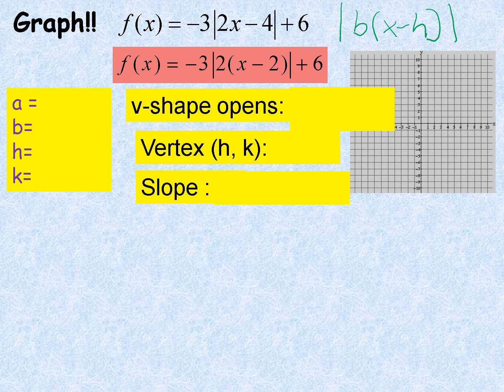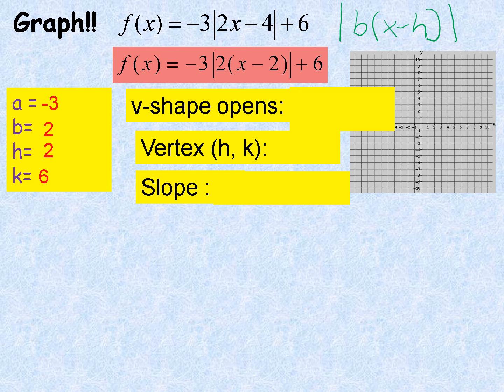I'm going to factor a 2 out. So now that it's in the proper transformation form, 2 times a quantity, I can now determine A, B, H, and K. So my A is -3, my B is 2, my H is 2, because remember it's x minus, so my H is +2, and my K is 6.